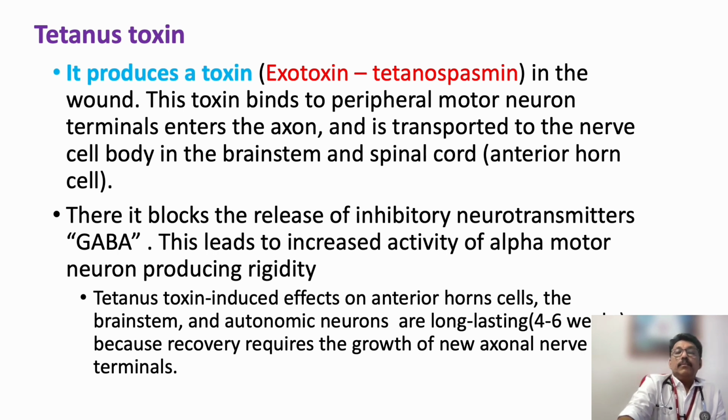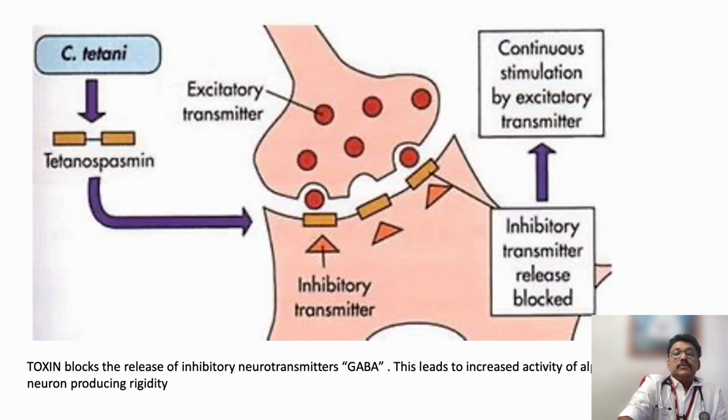That is a major problem which is produced by this tetanus toxin. It's an exotoxin. The name of the toxin is tetanospasmin. So here inhibitory transmitter release is blocked, that GABA release is blocked. That leads to continuous activation of muscles that produces rigidity.